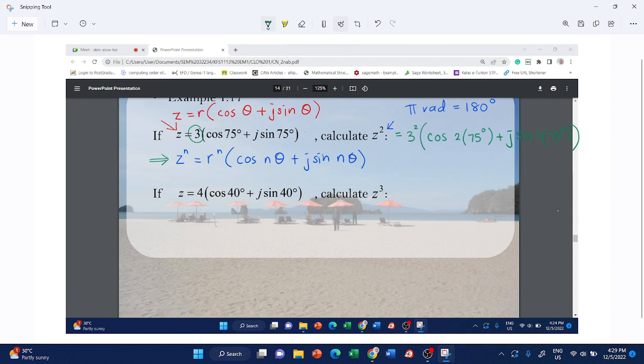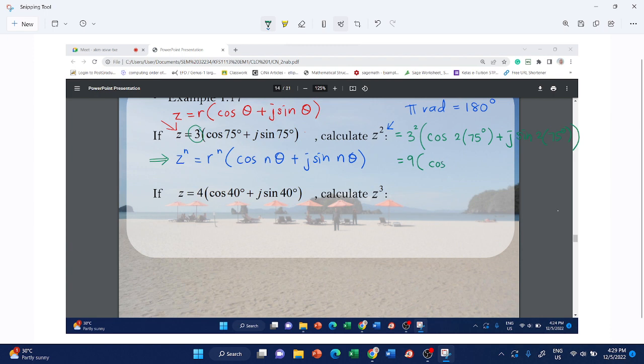Then close the brackets. Now expand: 3 squared evaluates to 9. What is cos of 2 times 75 degrees?